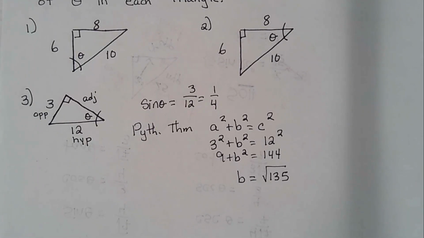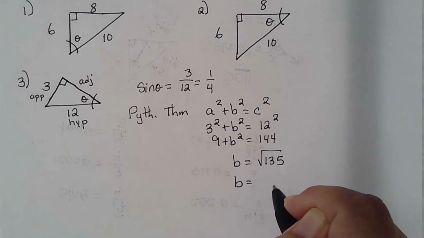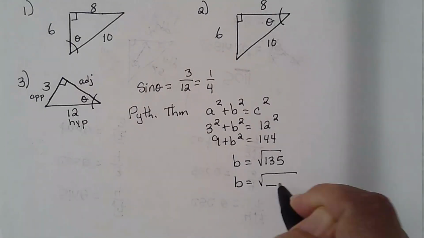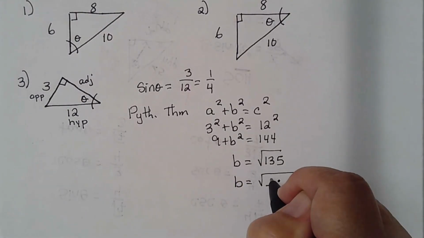But we need to simplify all of our answers. Okay? So we need to simplify a square root. When we simplify a square root, we're looking for a perfect factor that can be multiplied to equal 135. So I need something times something that will make 135, and I want that first factor to be a perfect square. 9 times 15 does equal 135.